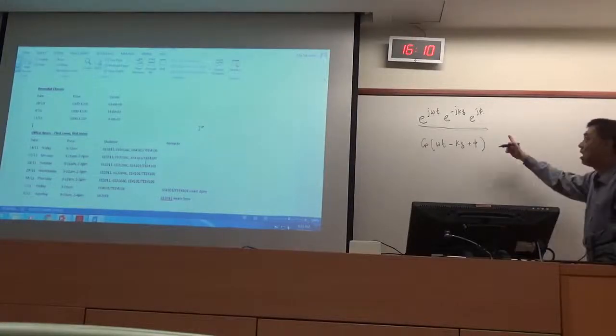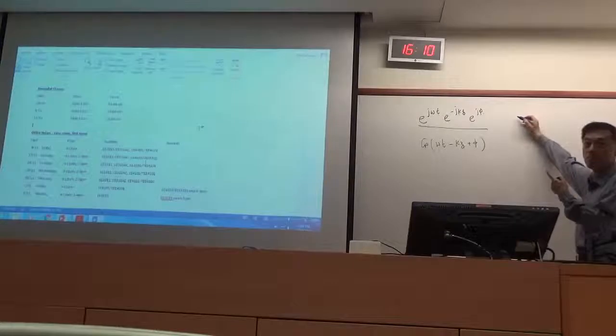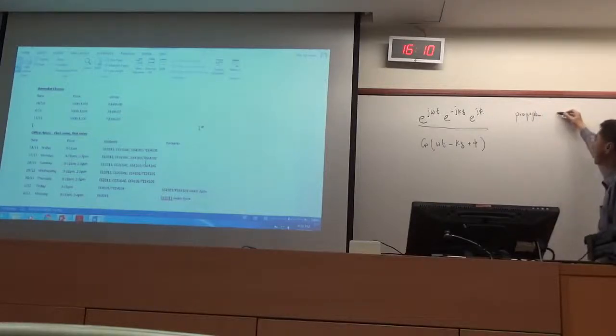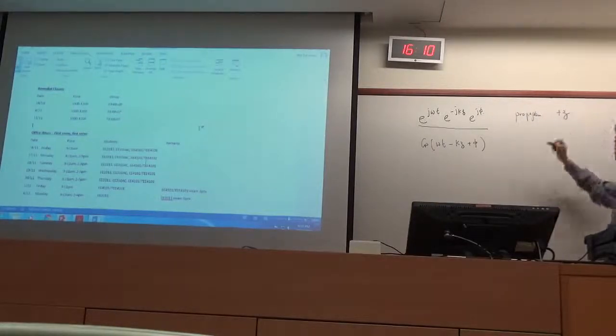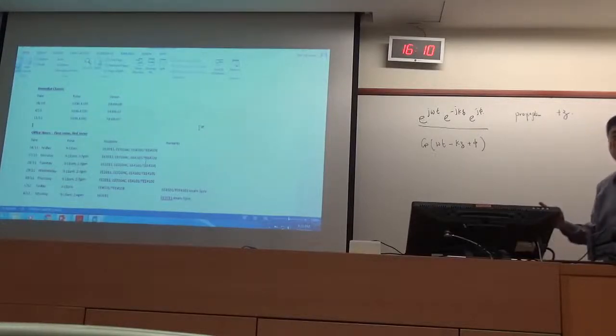In here, it means that the propagation is in the plus z direction. Plus z direction. Alright?